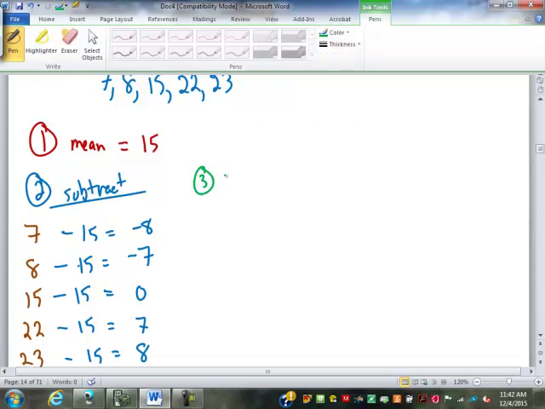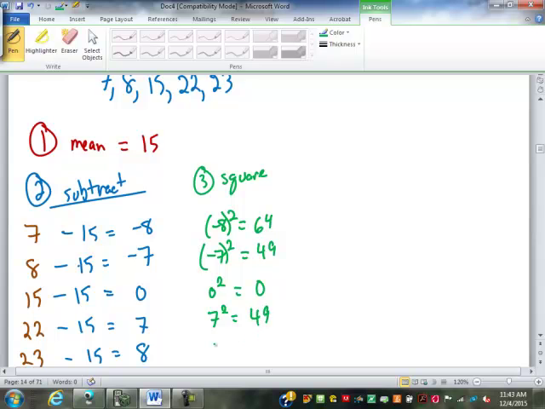What's step 3? Somebody said there's square it. Very good. Square each. Negative 8 squared is 64. Negative 7 squared, 49. 0 squared, 0. 7 squared, 49, and 8 squared, 64.